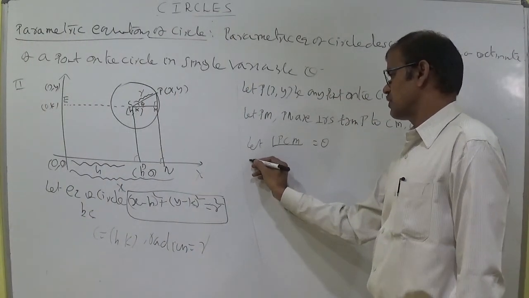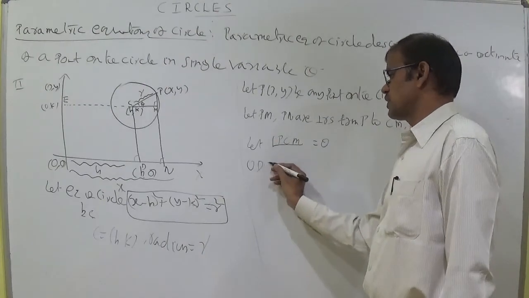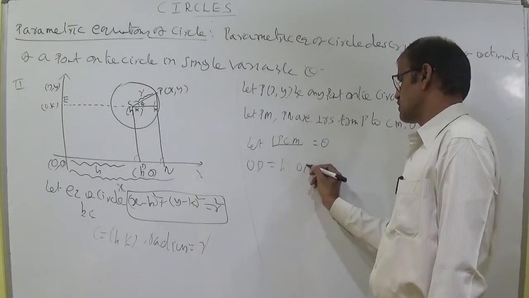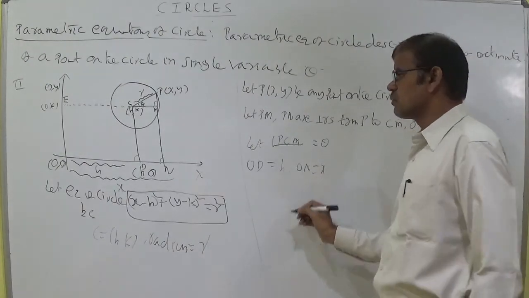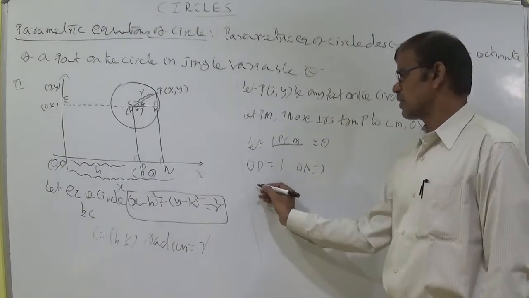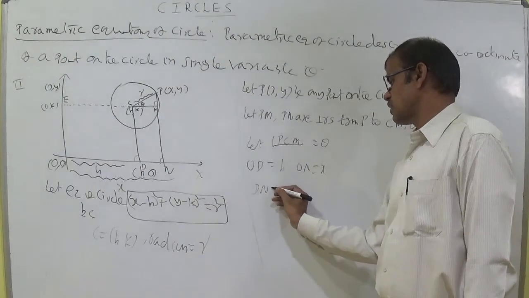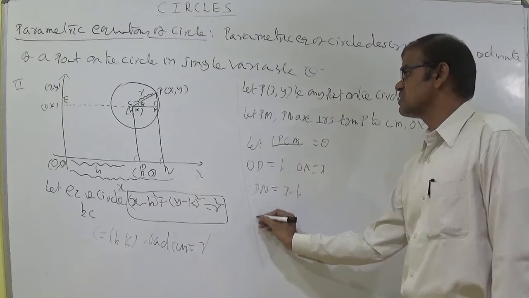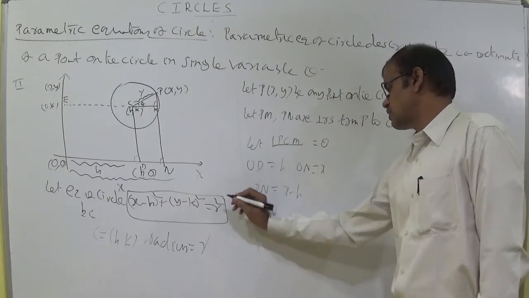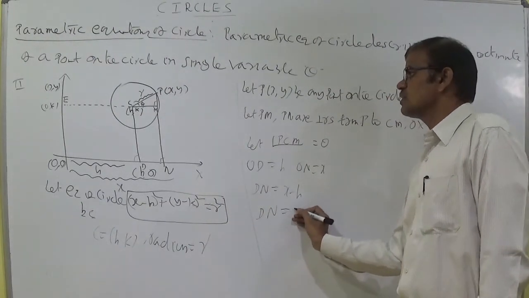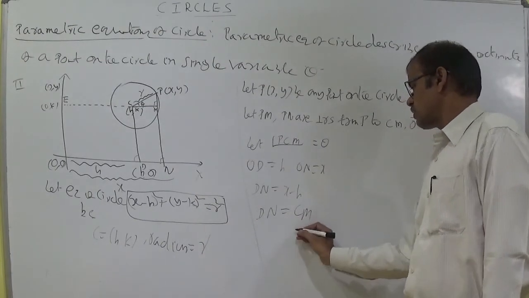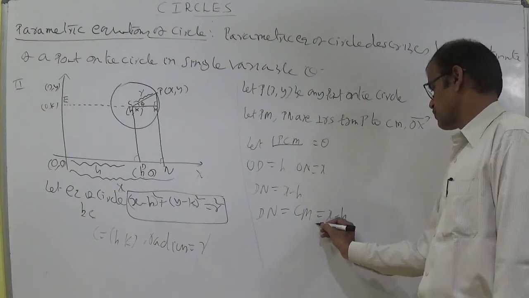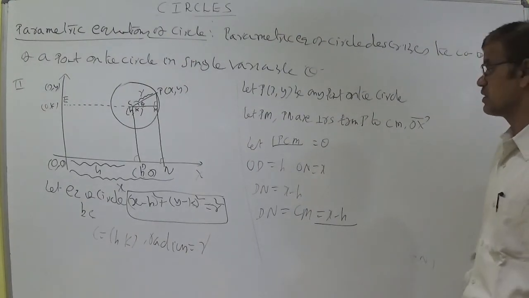Now I am writing OD is equal to h and ON is equal to x. So DN you can write, DN is equal to x minus h. DN is equal to CM. Whenever DN is equal to CM, CM is equal to x minus h.